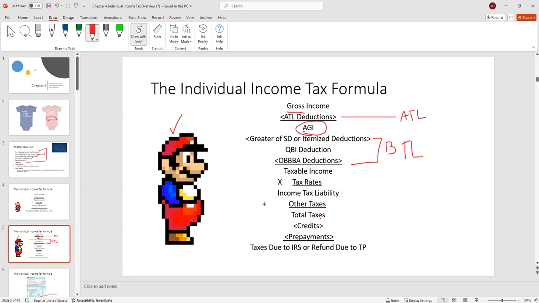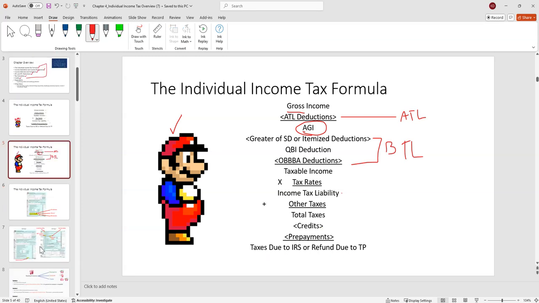That gives you what you owe in full, your total taxes. You then back out credits, which reduce your tax liability dollar for dollar. You back out any prepayments. For example, did my employer withhold income tax throughout the year? That would be a prepayment. And then you'll either get taxes due or a refund.